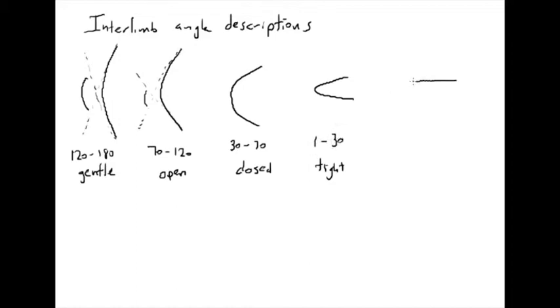And if the limbs are actually parallel to each other, so the limbs have the same dip, we call that isoclinal. And we'll see examples of isoclinal folds in the Manhattan schist.